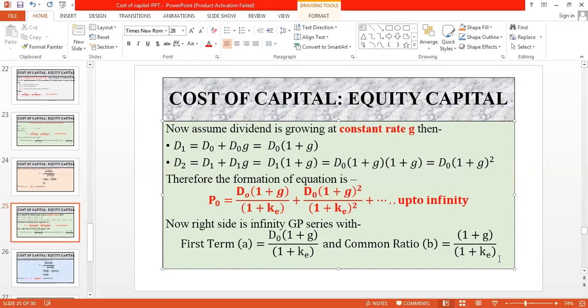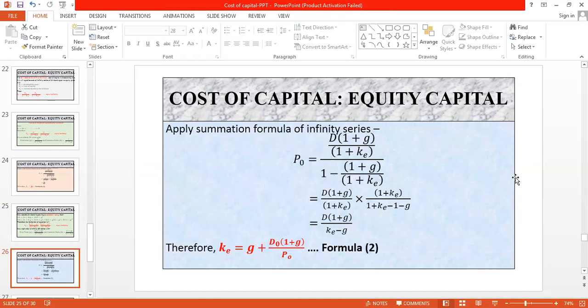So now we can apply the concept of summation of the GP series in the expansion on the right hand side.